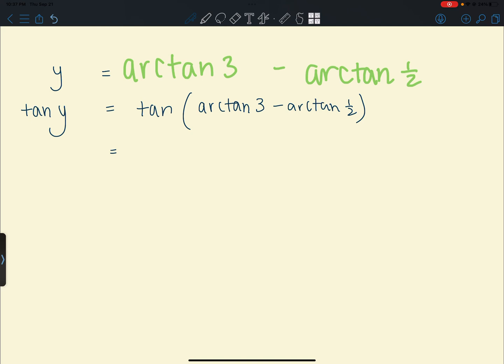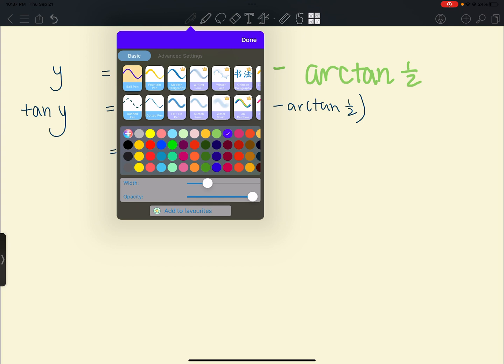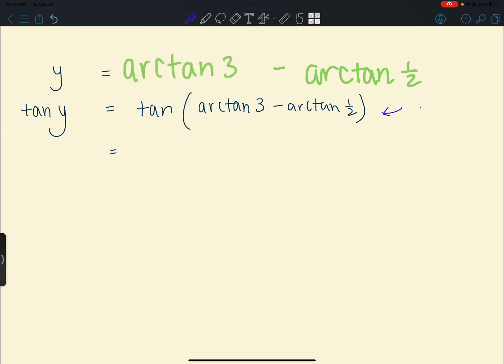Okay, so this could also be thought of as the format of tan(A minus B), right? And we know from a trig identity that tan(A minus B) is also equal to (tan A minus tan B) over (1 plus tan A tan B), right?